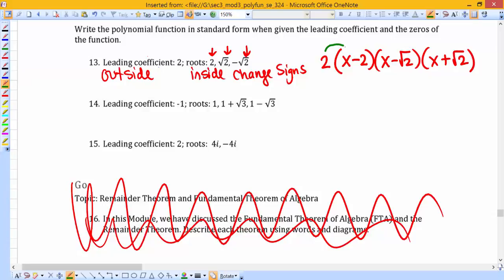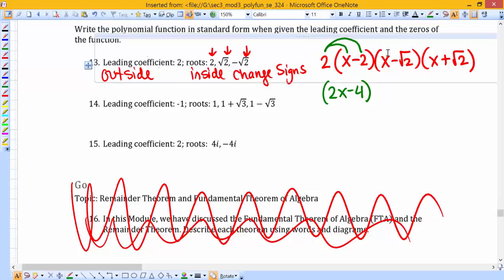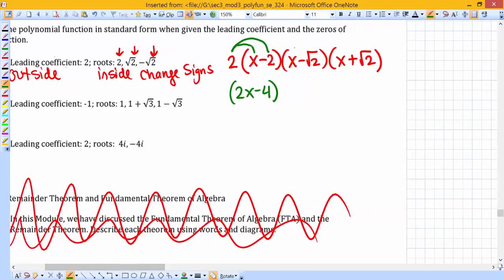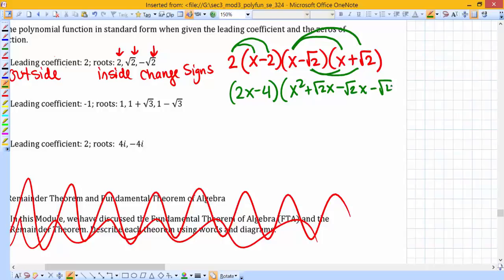So I would start by multiplying the 2 to just the first parentheses, which gives me 2x minus 4. Then the factors that have the roots, multiply those together. You're going to FOIL them, or you can use the box. It's up to you. So I have x squared plus root 2x minus root 2x minus the square root of 4.